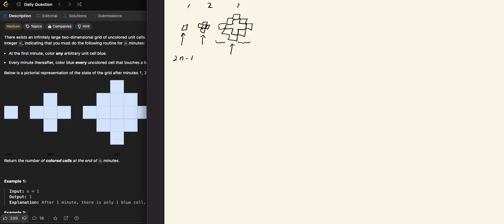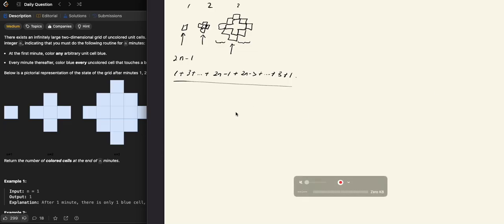So what would that look like? It should be 1 plus 3 plus, all the way to 2n minus 1, and then it goes back down, so 2n minus 3 plus 3 plus 1. So you just have to find a formula for this, and we should be done. Well, technically we don't even have to find a formula for this. We can just do an O(n) solution, but let's make it a bit nicer, I guess.